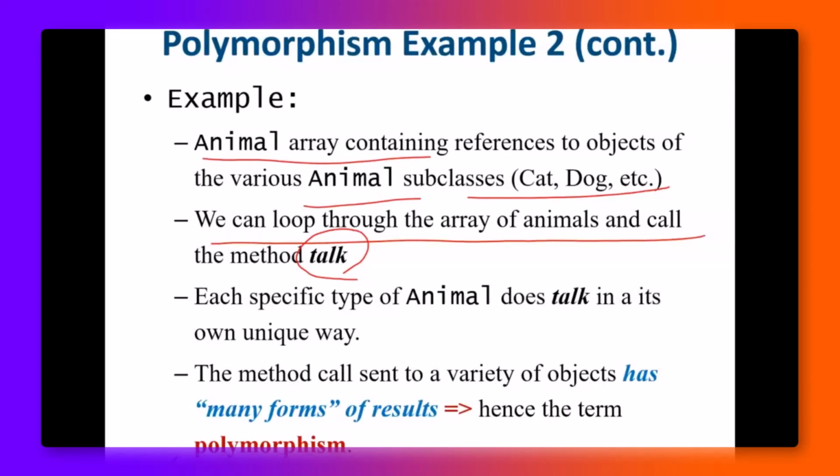Quickly, I'll create that Animal class, and here I will say private String name, and the method is going to be public void talk.